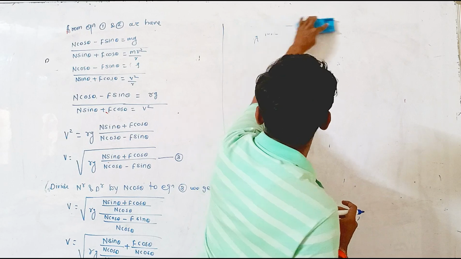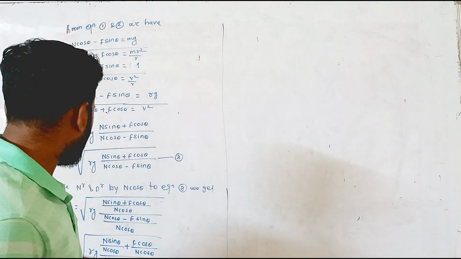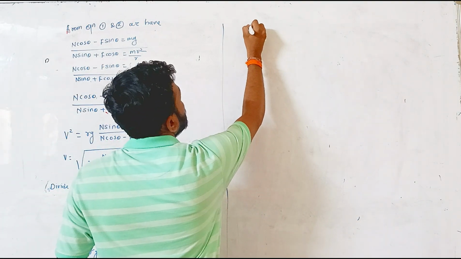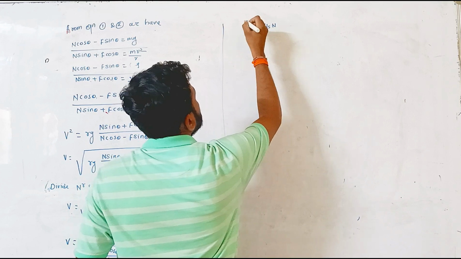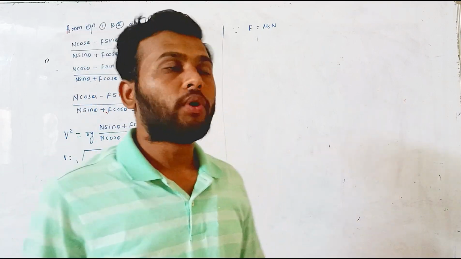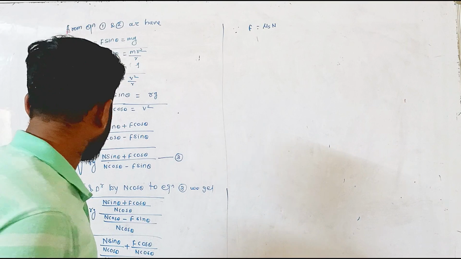So again we write here, what is the value of f? We know f equal to mu s into n. We saw this in the second application as well: f equal to mu s into n.